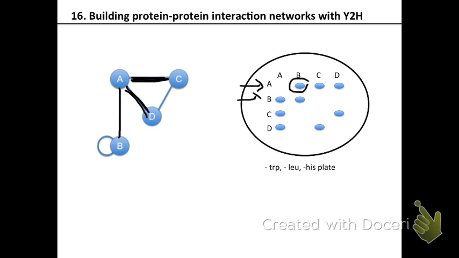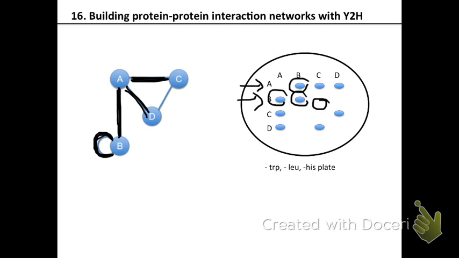Then I'm going to look at B. B interacts with A, so that interaction we already knew from looking at it the other way, right? And then B also interacts with itself, so you put a little circle here, an edge connecting itself to itself.